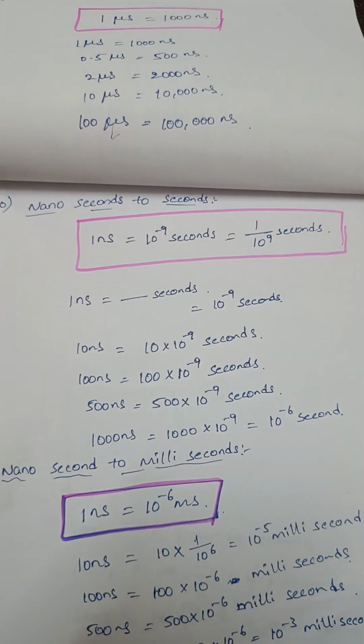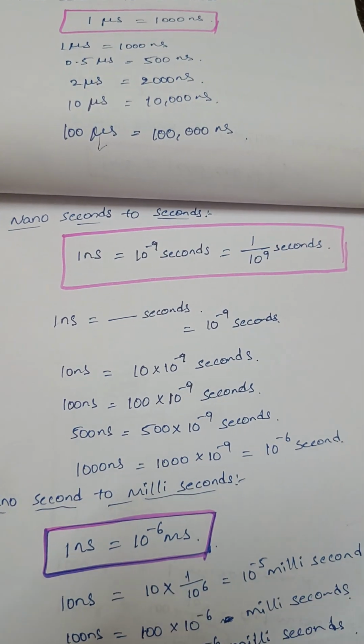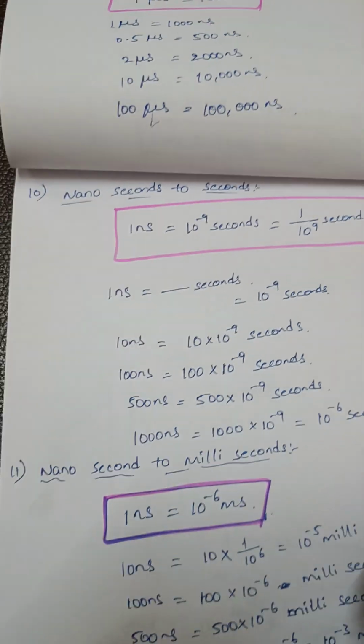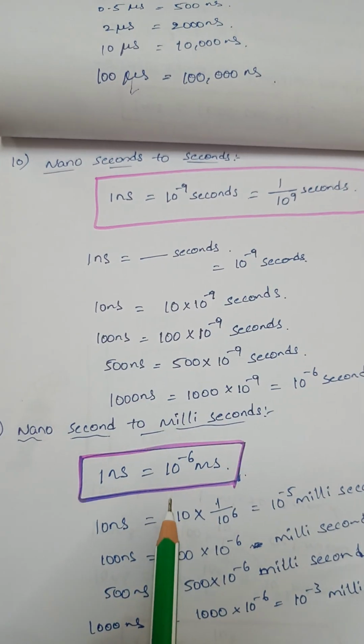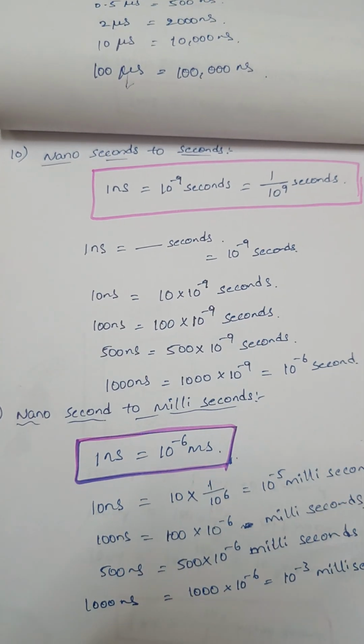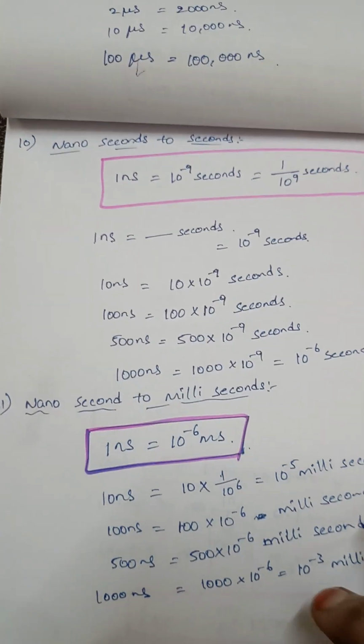Nanoseconds to seconds means you directly divide by 10 to the power 9, then you get the value in seconds. Now see nanoseconds to milliseconds: you need to divide by 10 to the power 6, then you get milliseconds.